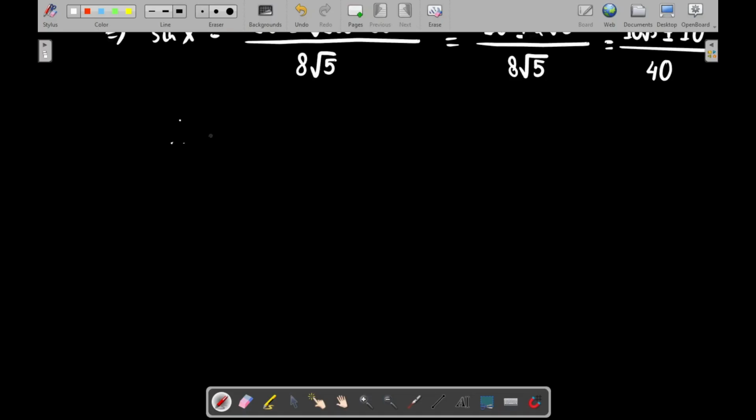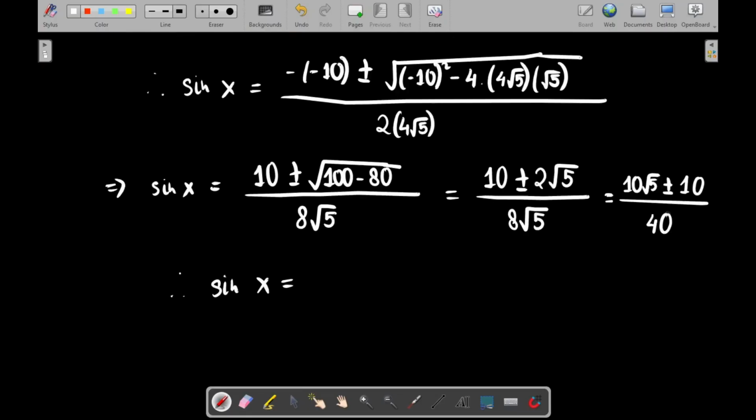So this gives us sin x equal to 10 root 5 plus minus 10 upon 40, and on dividing by 10, this will give us root 5 plus or minus 1 upon 4.